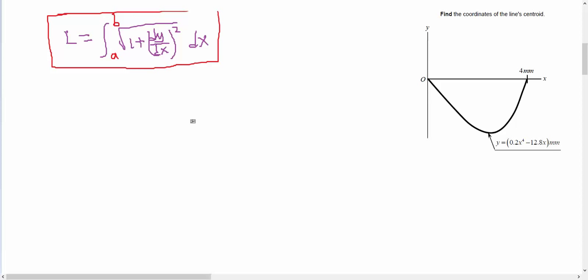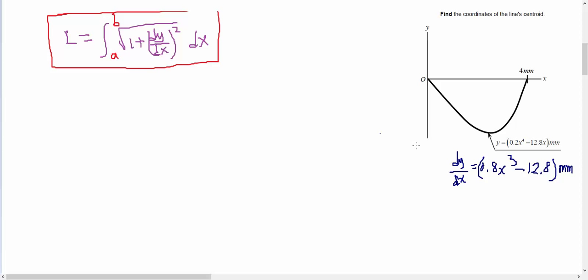So solving for the derivative, dy/dx equals, well, the derivative of x to the 4 is 4x cubed, so 4 times 0.2 is 0.8x cubed, and the derivative of x is just 1, so this is minus 12.8, and this is in millimeters.